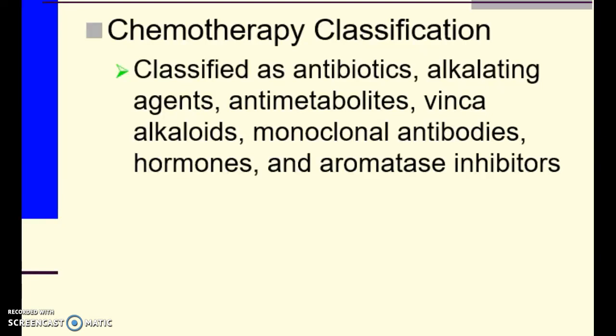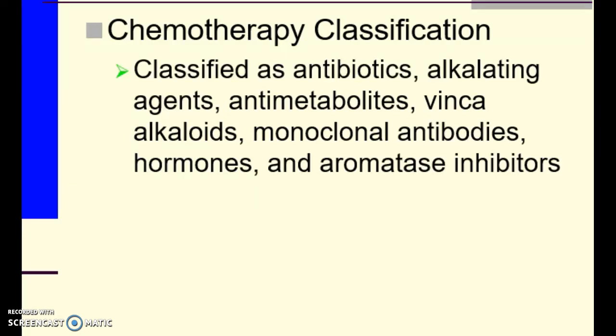Chemotherapy classification is antibiotics, alkylating agents, anti-metabolites, vinca alkaloids, monoclonal antibodies, hormones, and aromatase inhibitors. You don't really need to know all those different things now unless you're going to be a chemotherapy nurse, and you're not going to be a chemotherapy nurse in your first year of practice.